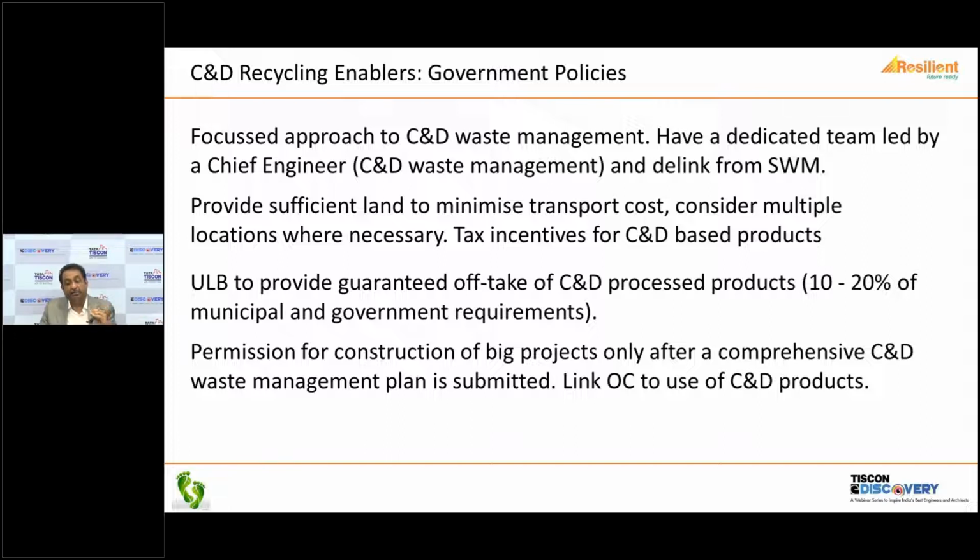Link the occupation certificate to the use of C&D products. So if you are building a big project, you make sure that you have a comprehensive plan in place, and you document it and submit it for your occupation certificate to be given. And this will make it more effective.